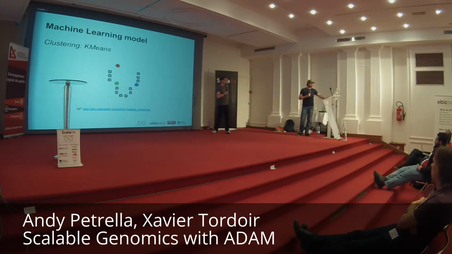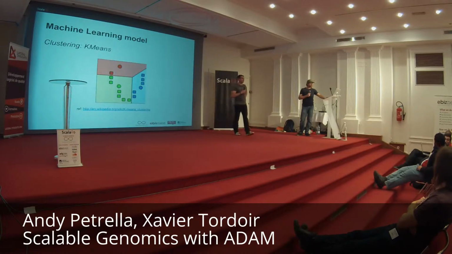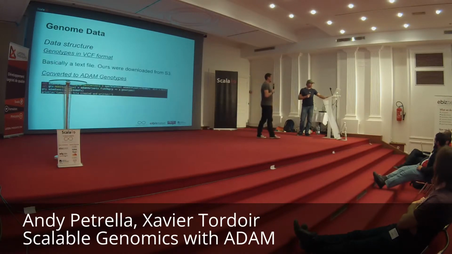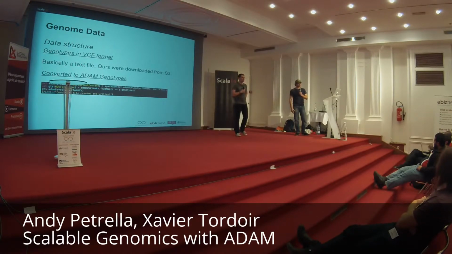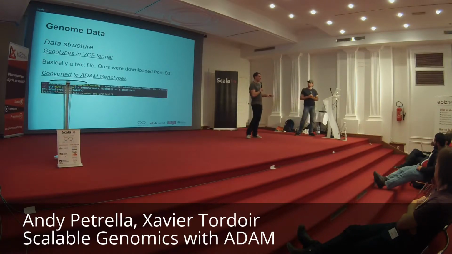How long does it take to convert a VCF file or BAM file into ADAM? That's the hard one, because BAM and SAM files are not distributed by essence, so this task can take time. But we're talking about maybe 1 hour. It is faster to convert VCF, that's why we use VCF and not indexed BAM. What's painful is actually to decompress the VCF first.